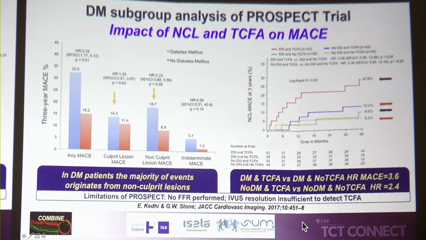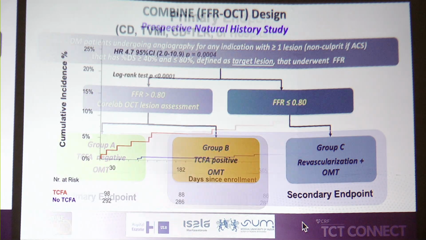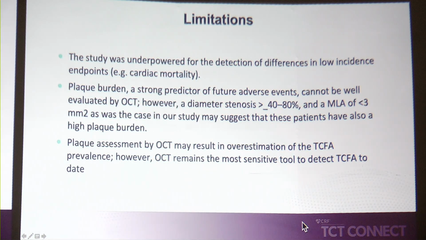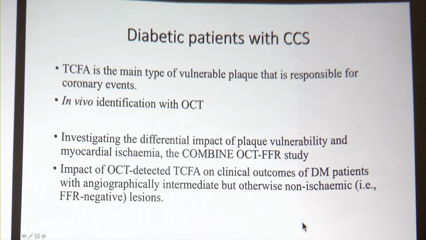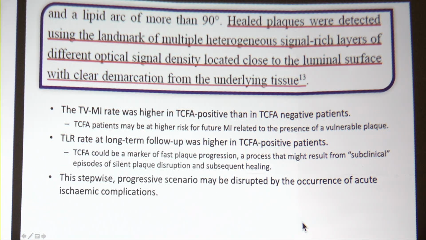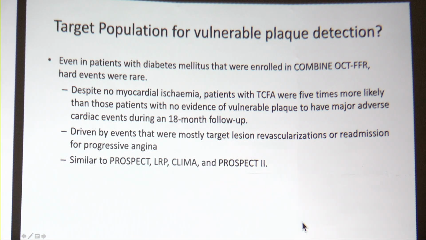When the patient is diabetic and having TCFA versus diabetic and no TCFA, the MACE is 3.6. When the patient has TCFA, the patient has a hazard ratio for MACE of 2.4. So these two subsets we really need to be focused on. Definitely there are a lot of limitations with this trial as well.